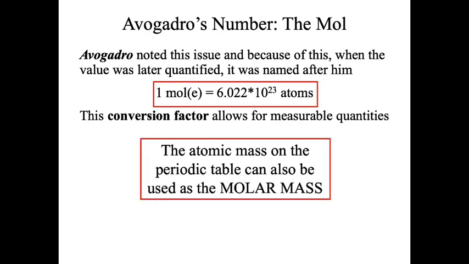So, some conclusions is we now have ways that we can use that conversion factor. The point of that conversion factor is that we can convert the mass on our periodic table, instead of being AMUs per atom, can now be grams per mole. Grams is a measure of mass.